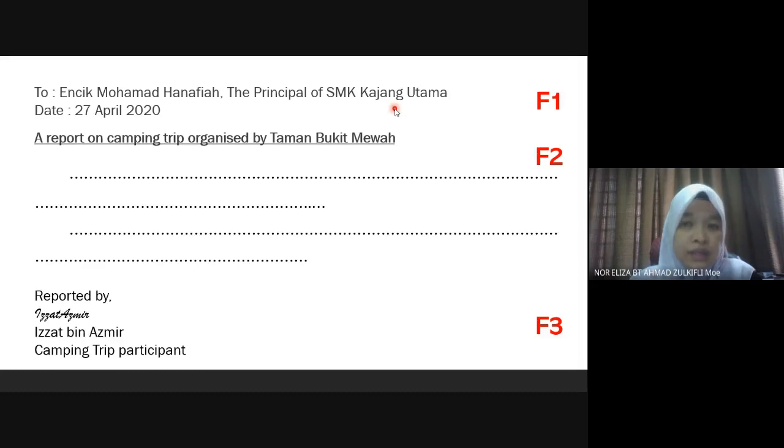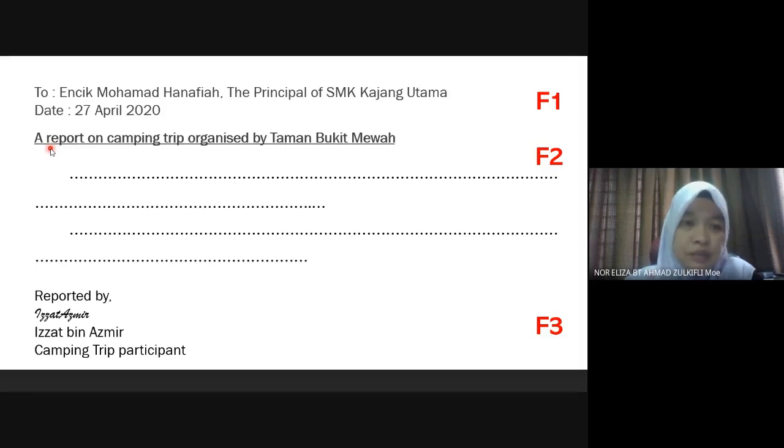Okay, for both of these two, Encik Muhammad Hanafiah and the date, this is format 1, the first format for report writing. Okay, and format 2 is the title: a report on camping trip organized by Taman Bukit Mewah. Take note that Taman Bukit Mewah is uppercase and the title is underlined. You can also have it a different way.